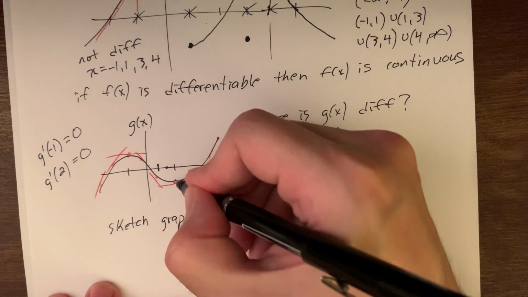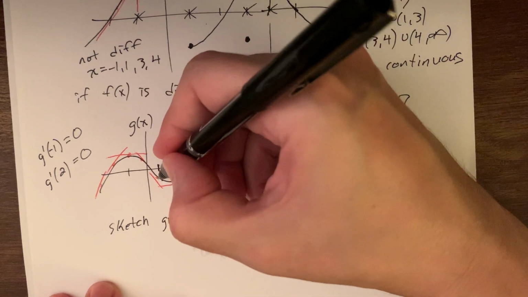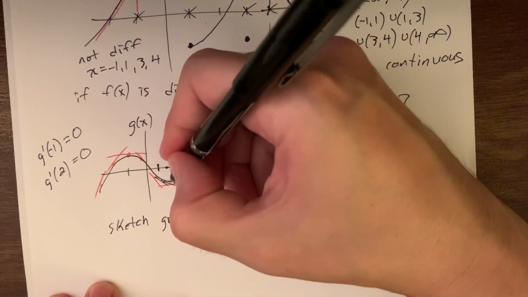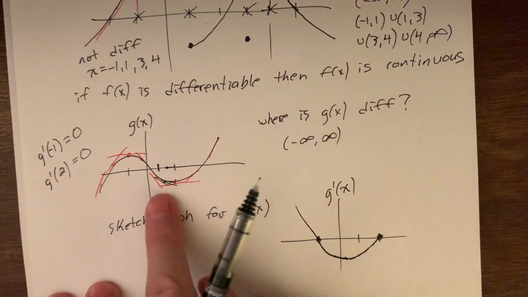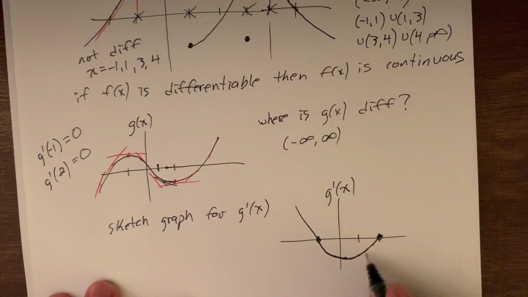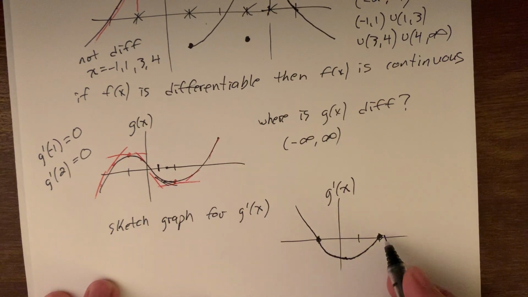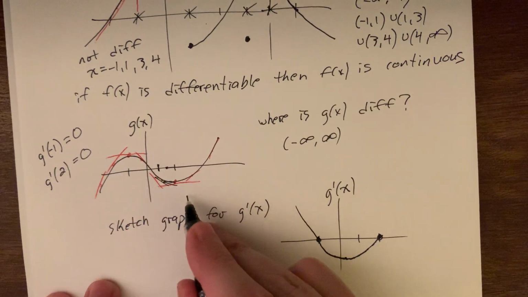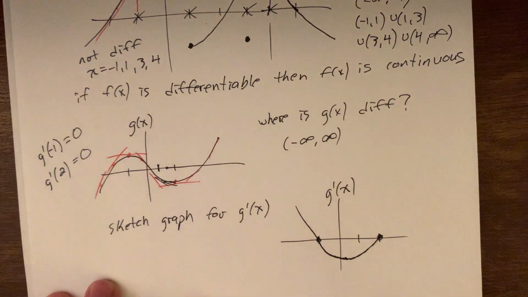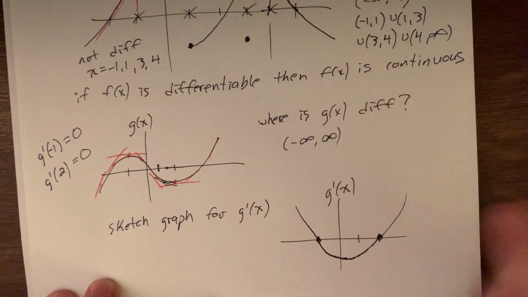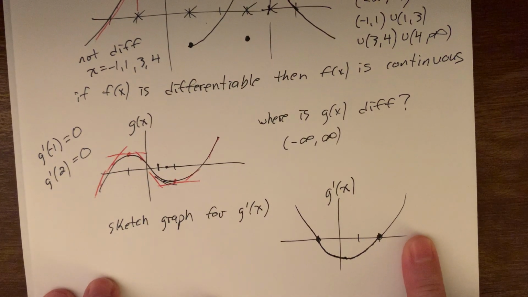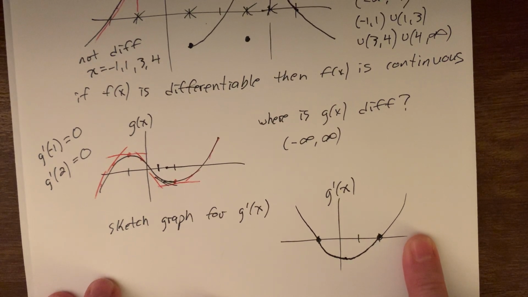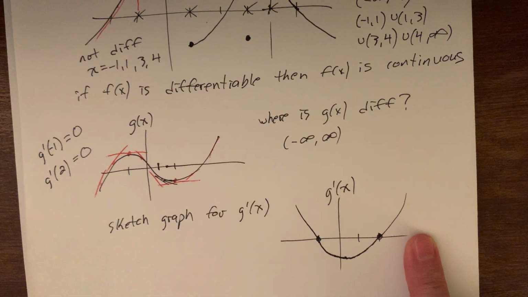If you notice, the closer you get here, these will become less negative as they're getting closer and closer to flattening out. So this will come back up and touch. So I basically just did a whole big negative loop for the spots where all the tangent lines had negative slopes. And now I've got one more positive loop. That's it. That's all there is to sketching the derivative.